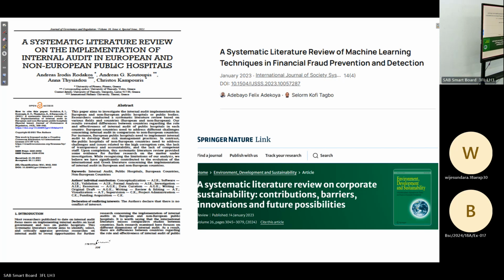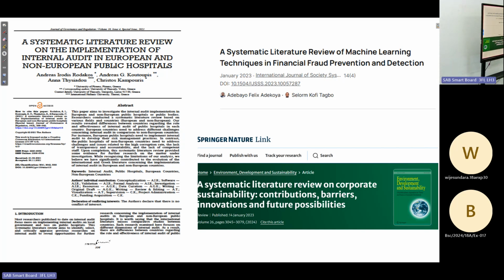The first one, the systematic literature review on the implementation of internal audit in European and non-European public hospitals. The second one, a systematic literature review of machine learning techniques. The third one, a systematic literature review on corporate sustainability.